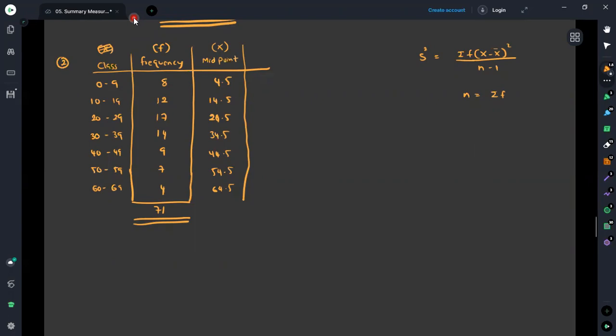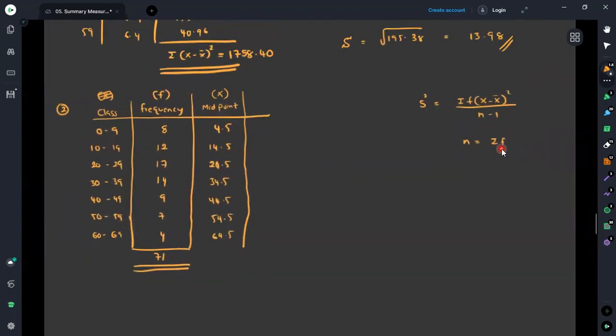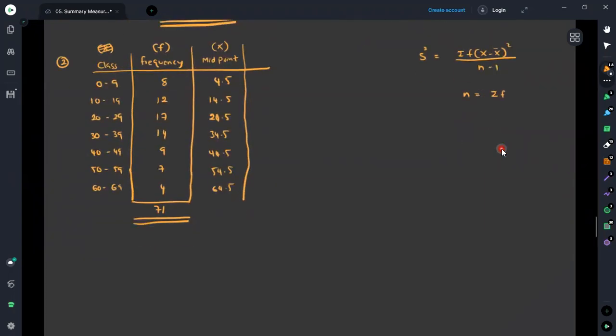Now what we need to do is find out the values of f, x, and x bar accordingly. As the first thing, we know the value of f, we know the values of x, and now we know the value of n, which is equal to 71. Then we need to find out the value of x bar. X bar can be obtained as the summation of fx over the summation of f.